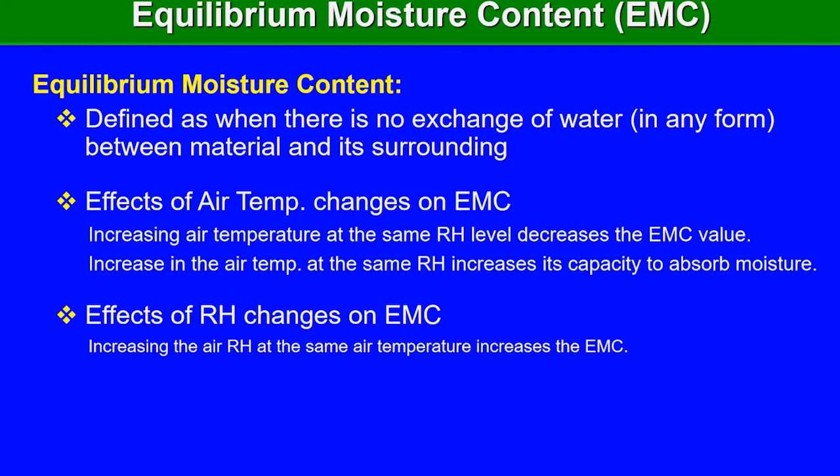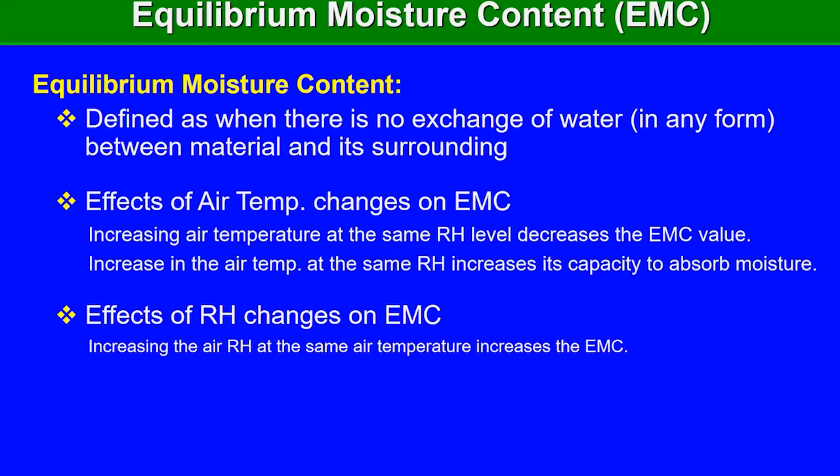I mentioned increasing the temperature at the same relative humidity decreases the equilibrium moisture content. It means if your air temperature is higher, but relative humidity is the same, the equilibrium moisture content value would decrease.